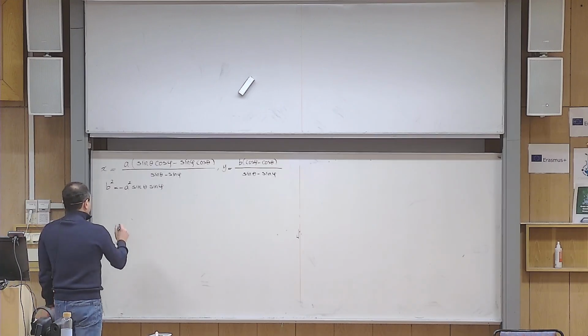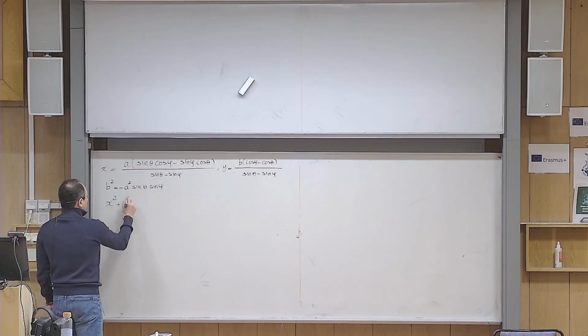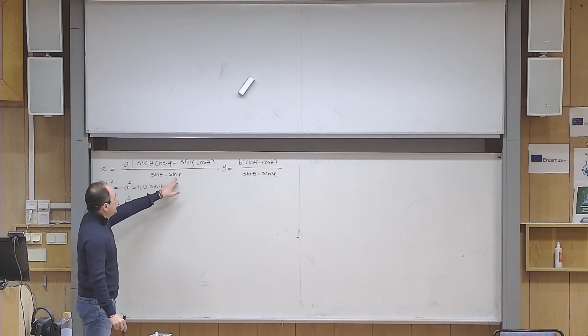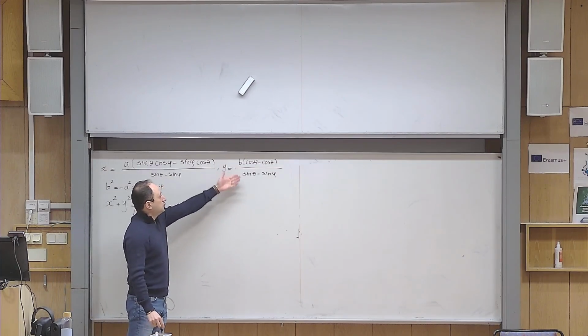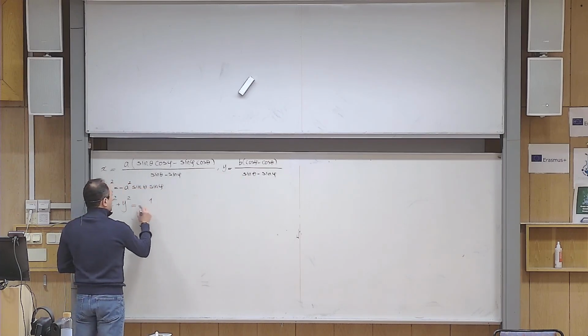So let us try to calculate x squared plus y squared. So you see here what I have. The good news is that the denominators are the same. So when I square them, I will have the square of these denominators. I can factor it out. Yes.